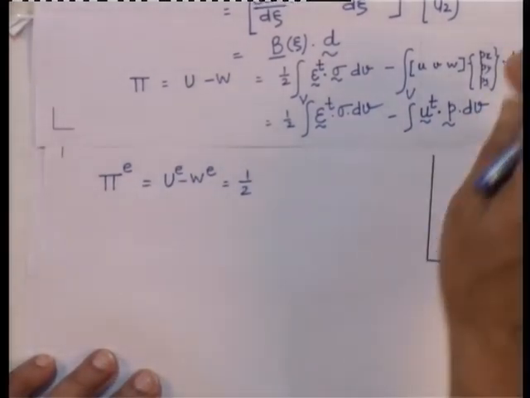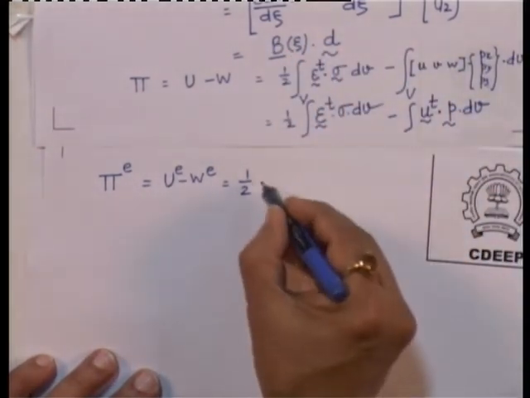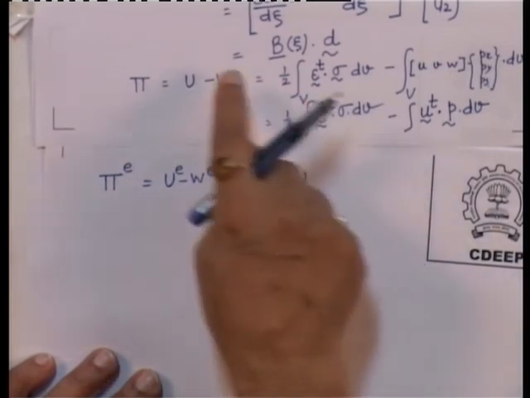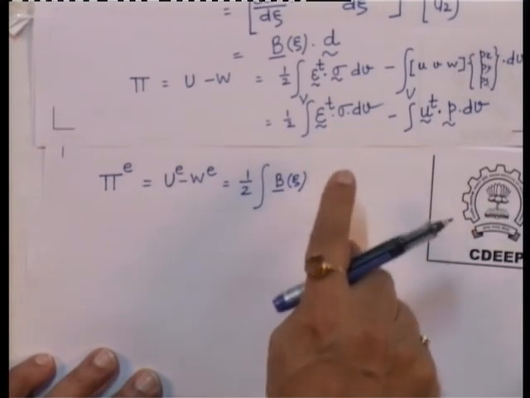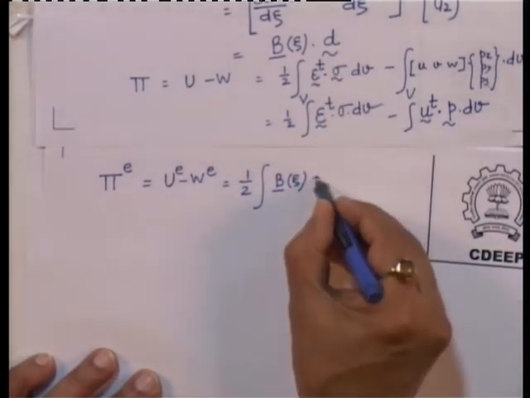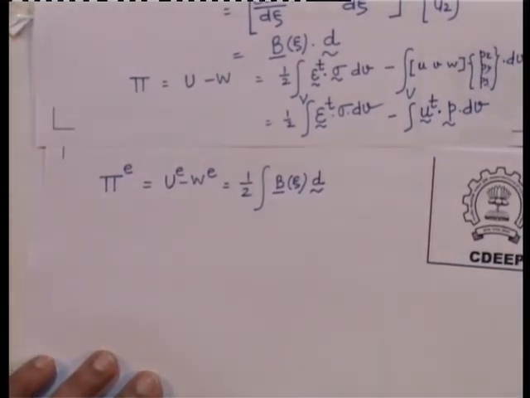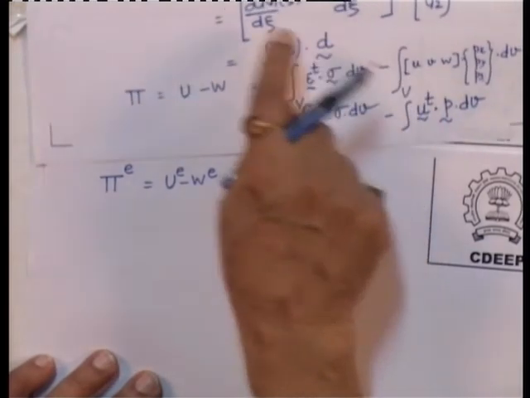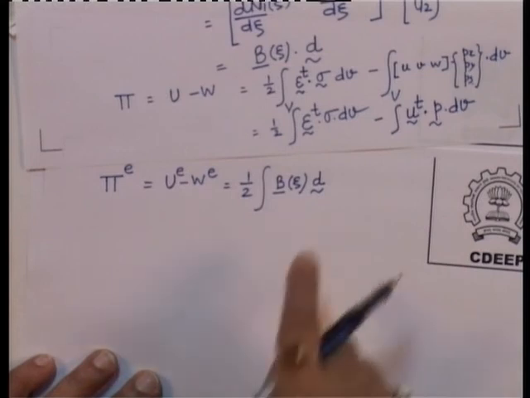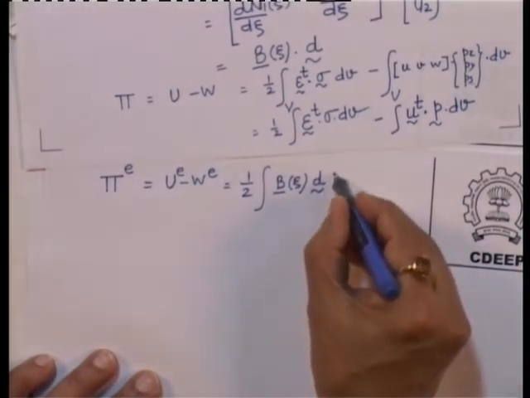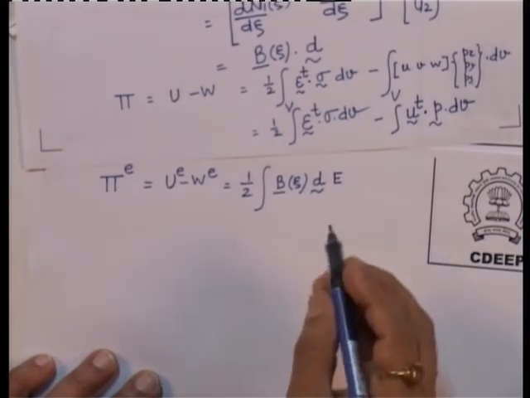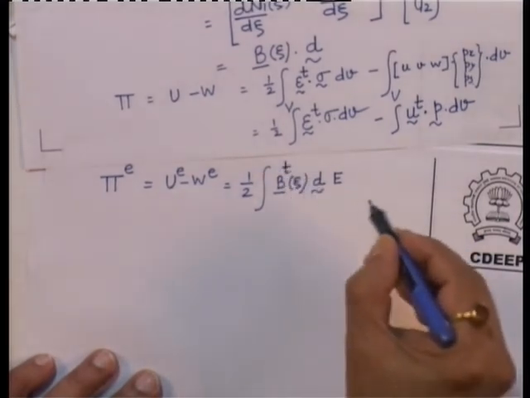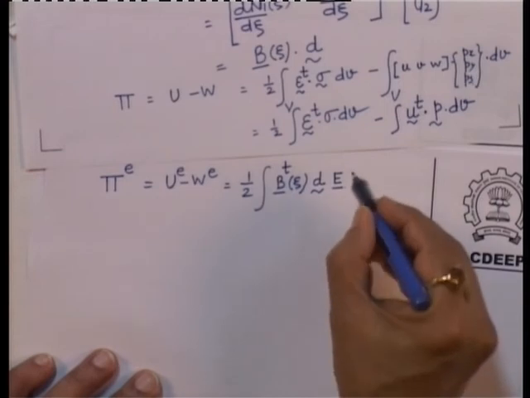Then that will be equal to this: strain, which we just got, B psi into D. Then we have to take the transpose, otherwise there will be a problem.